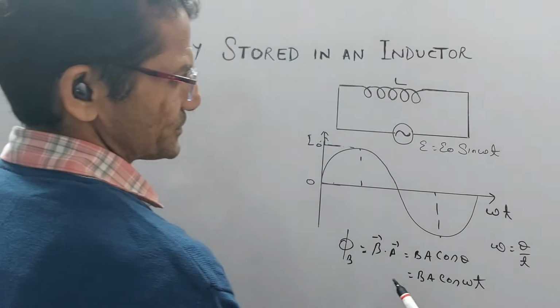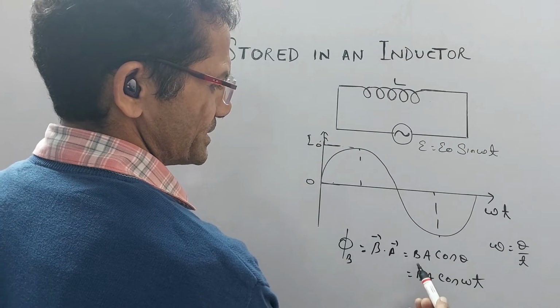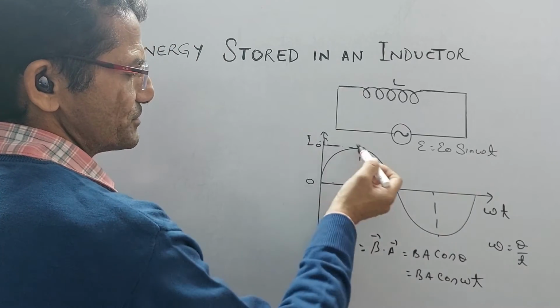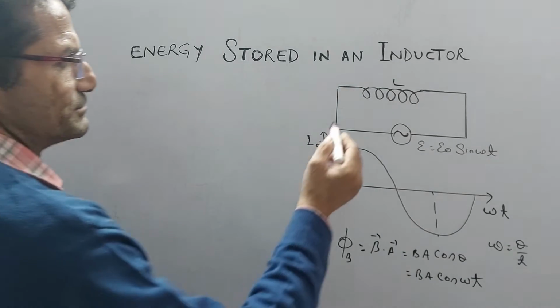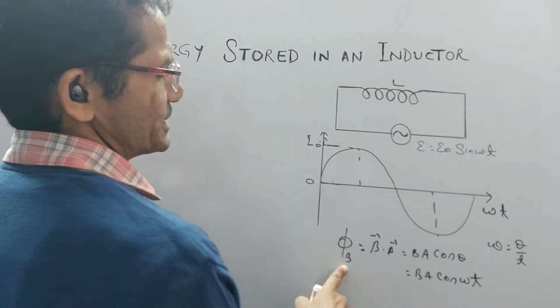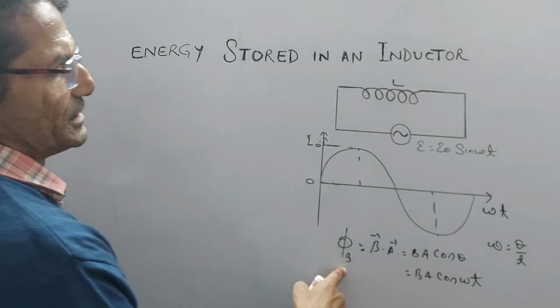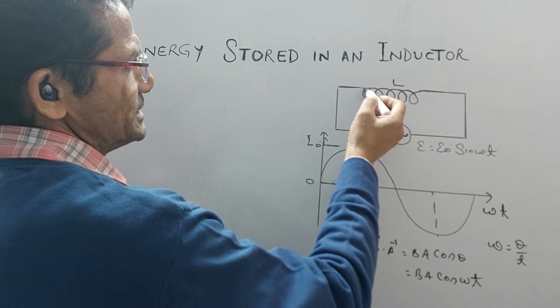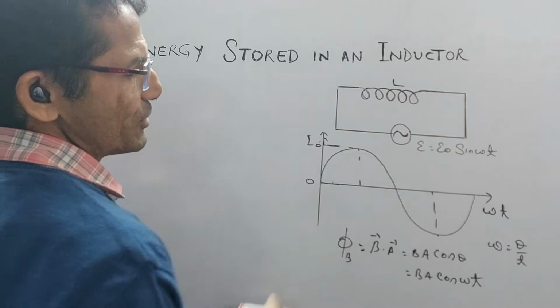When the current is rising from 0 to maximum, the magnetic field inside the inductor is increasing, so the flux is also increasing. By Lenz's law, the inductor opposes the rising of the current.